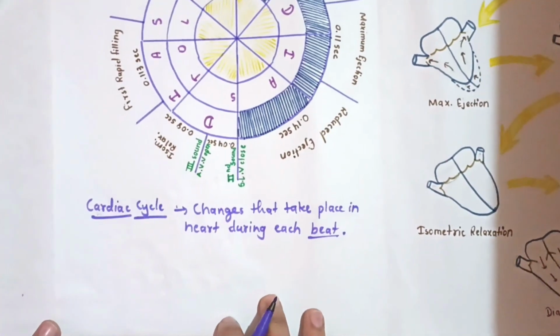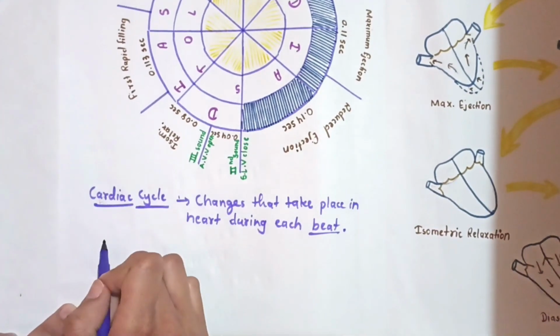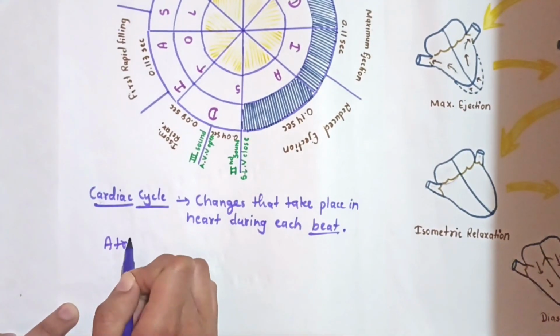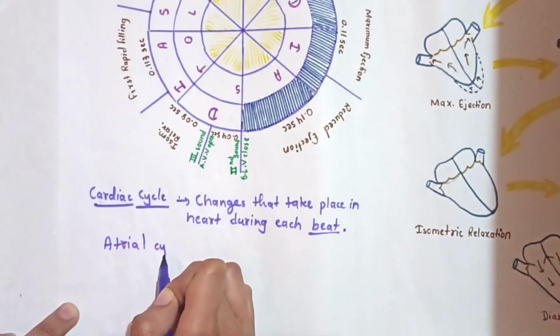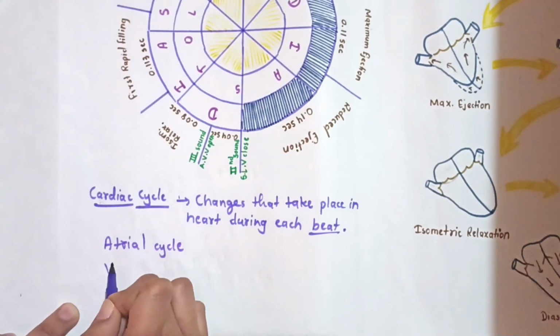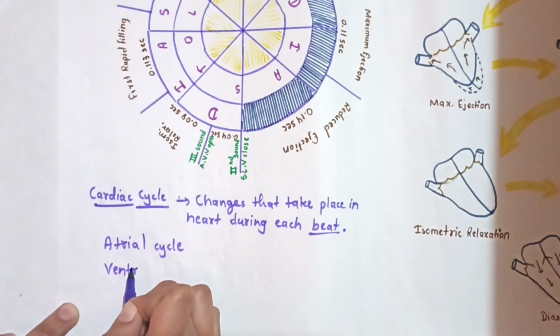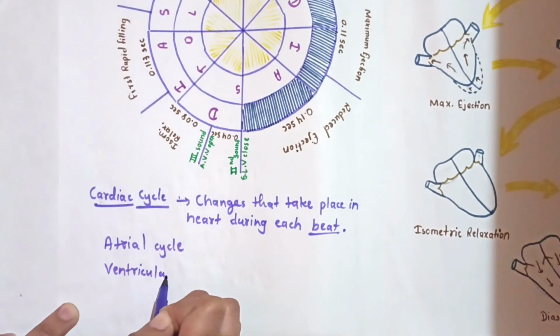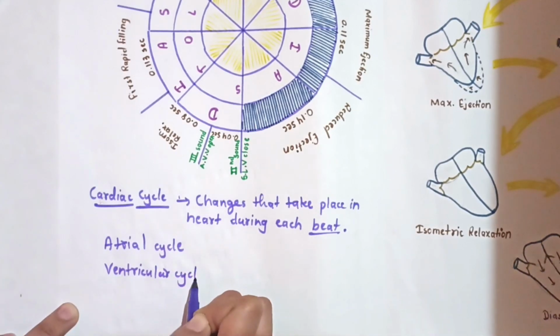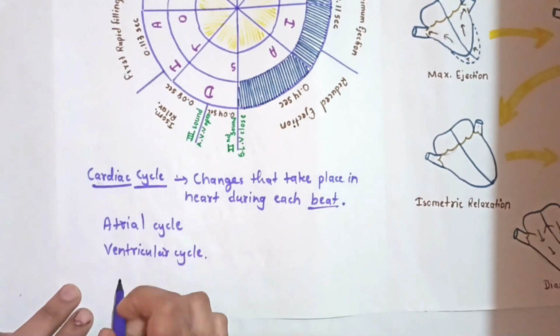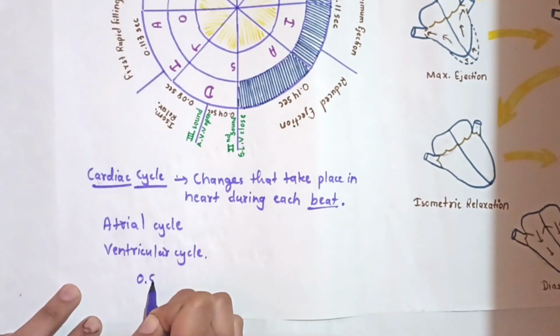To simplify this, we have divided it into the atrial cycle and the ventricular cycle. Each cardiac cycle is of 0.8 second.